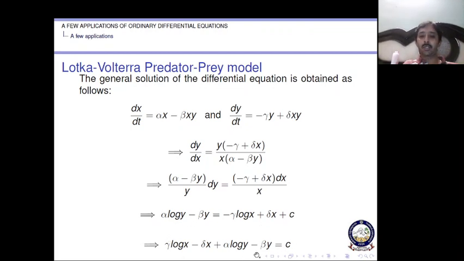Now using this general solution, we are supposed to understand the population dynamics. Now for that to be done, we'll try to plot this for various values of c. For that, we'll also have to fix these constants of proportionality, α, β, γ and δ.